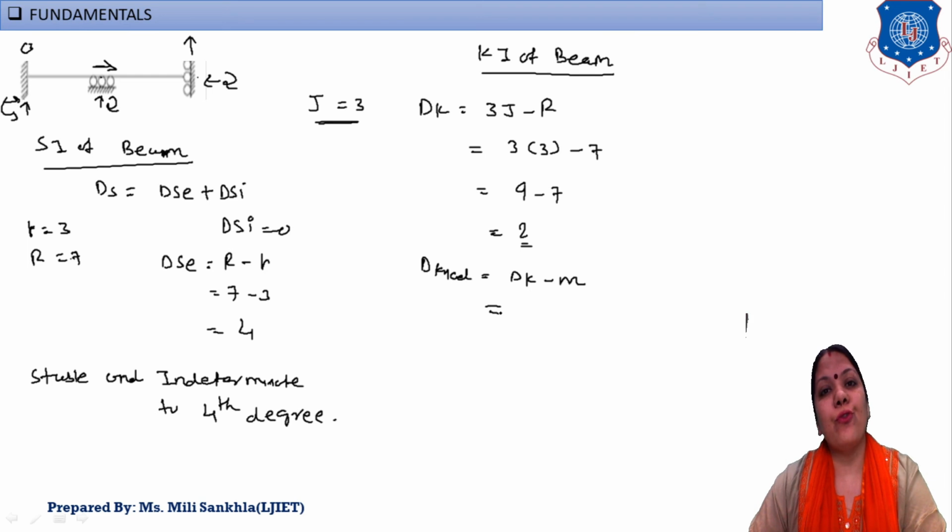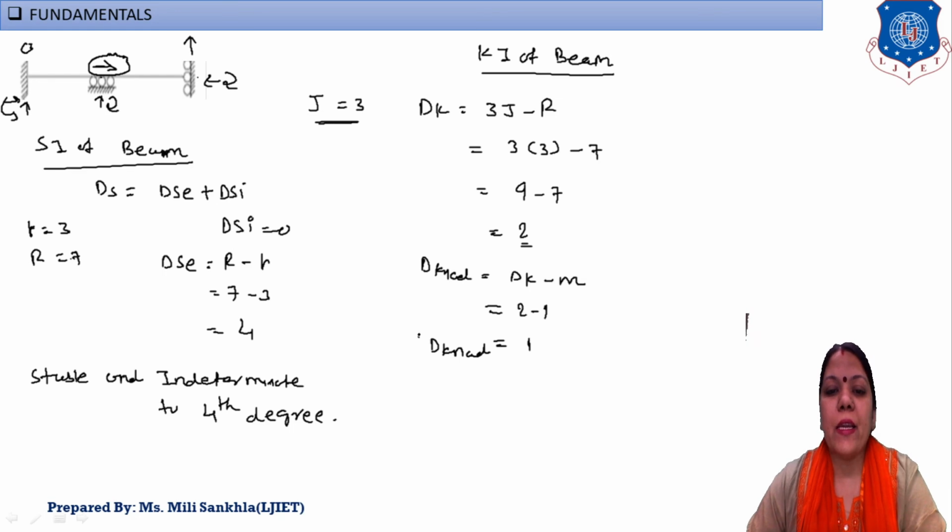Now m is equal to number of axial deformations. Here only one axial deformation at this point. So 2 minus 1 is equal to 1. For this given beam, my Dk NAD is equal to 1.